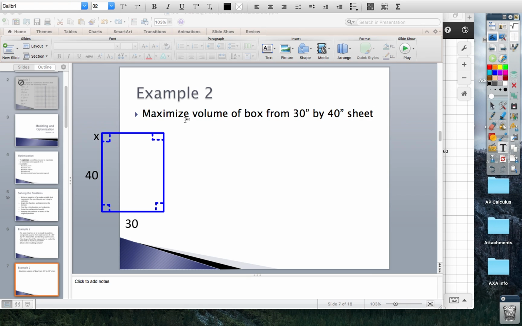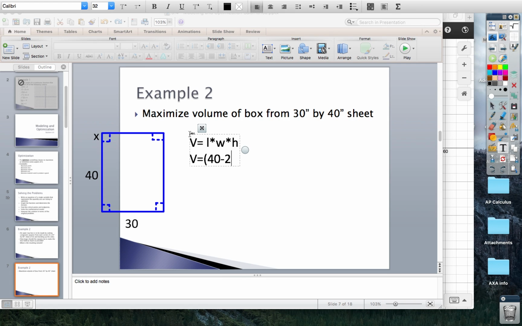Now, what we're trying to do is maximize volume. So remember, volume is equal to area of the base times the height, or in this particular case, length times width times height. For this volume, the length is supposed to be 40 inches, but keep in mind that we're subtracting a small piece from each side.